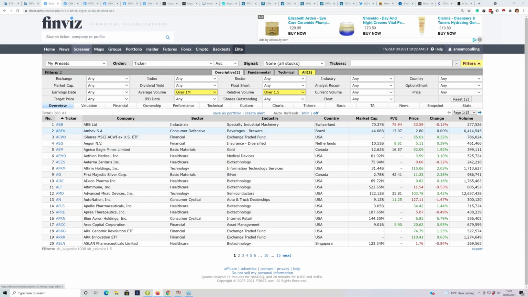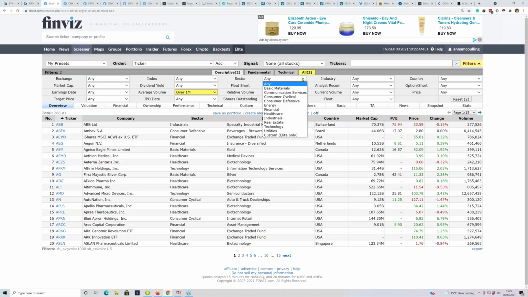I'm using anything that has an average volume over 1 million and anything that has a relative volume of over 1.5. Now you can amend that by playing around with these numbers. You will get either more or fewer stocks, but to cope with the sheer volume of information, I think it's more than enough when you start.